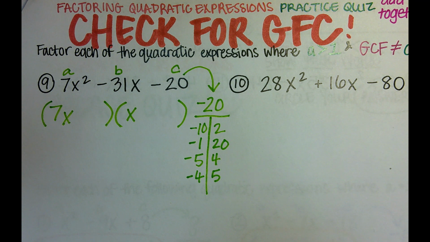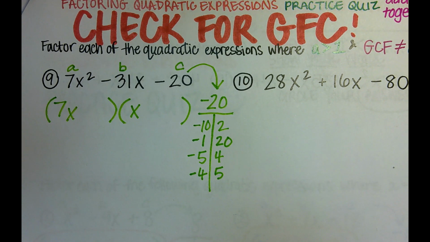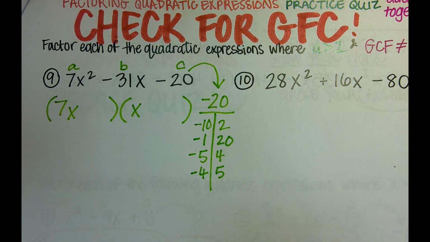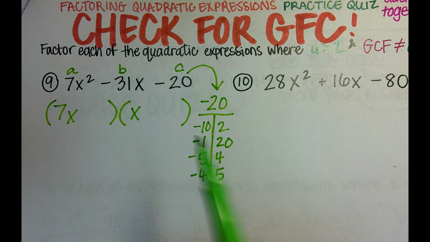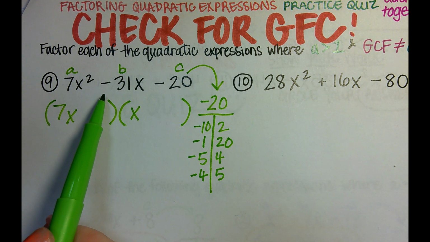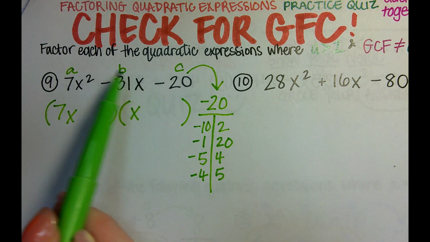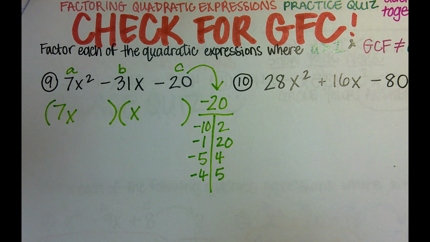And here's where sometimes these problems take a little bit longer, because we're going to be doing a little bit of guess and check and thinking about whenever we do that rainbow method, they need to add up to our middle term, -31x. So, which pair would we like to try first? Sure, let's try -5 and 4.